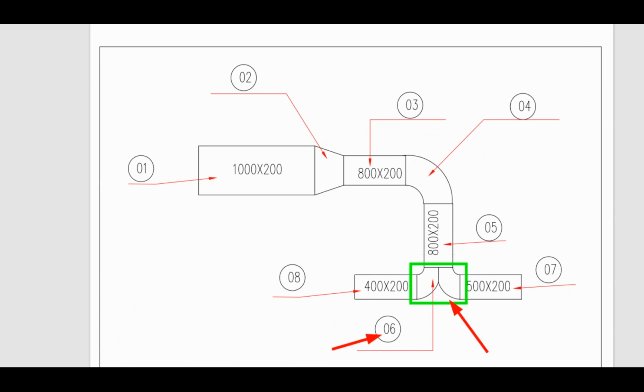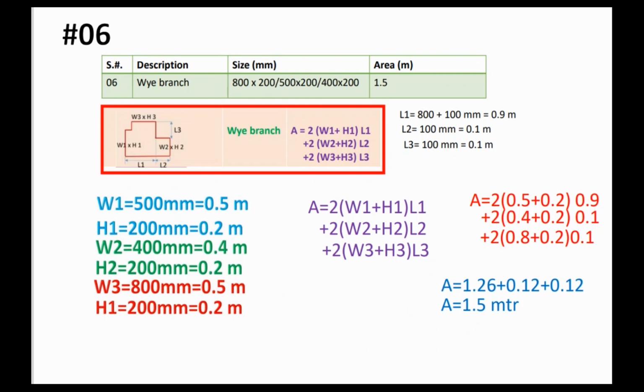Item number 6 is a Y branch having dimension one side 800 by 200 mm, the second side 500 by 200 mm and the third side 400 by 200 mm. As we can see, the formula for the calculation of area for a Y branch is area equal to 2 times (width 1 plus height 1) into L1 plus 2 times (width 2 plus height 2) into L2 plus 2 times (width 3 plus height 3) into L3.